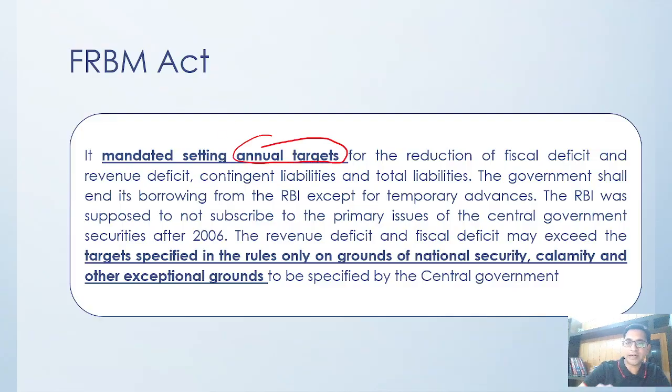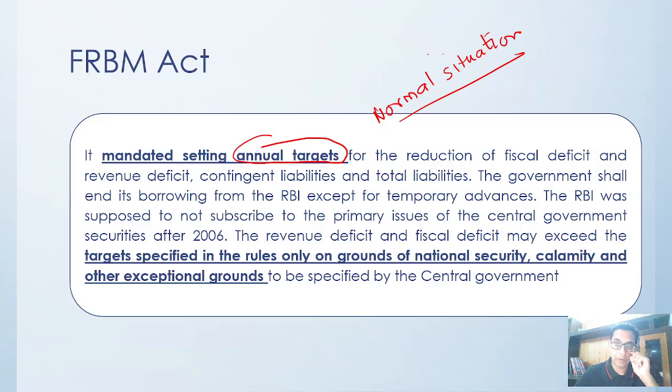Government said that this is only for normal situations. In normal situations you have to follow these rules. But if any situation comes, like all of a sudden some emergency has happened in the country, or a national security crisis, or calamity, or any exceptional ground, like the COVID-19 pandemic, right?